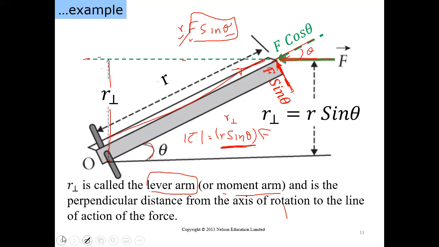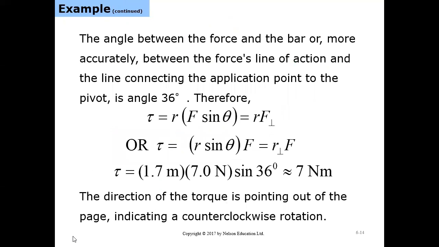It's going to give the same answer because it's a matter of whether you are putting the sine theta with the F or whether you're putting the sine theta with the R. If you group it with the F, you say the torque is equal to R into perpendicular force, or if you group it with the R, you can say the torque is equal to the perpendicular distance multiplied by the total force.